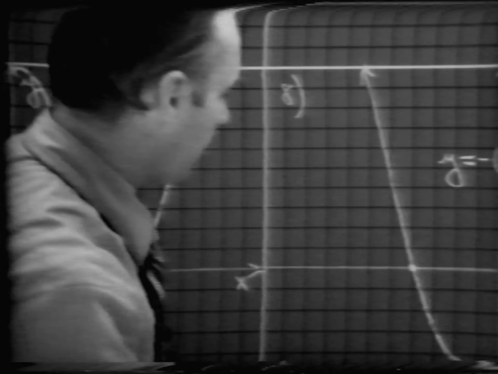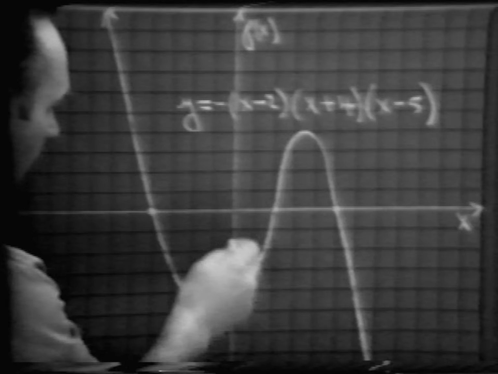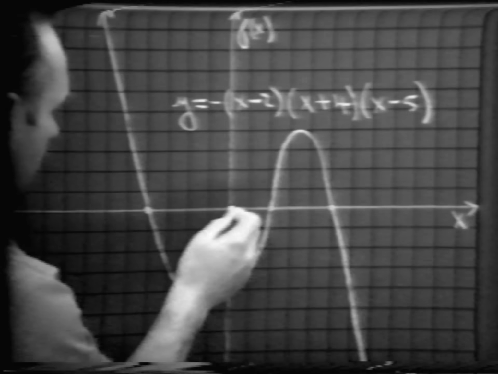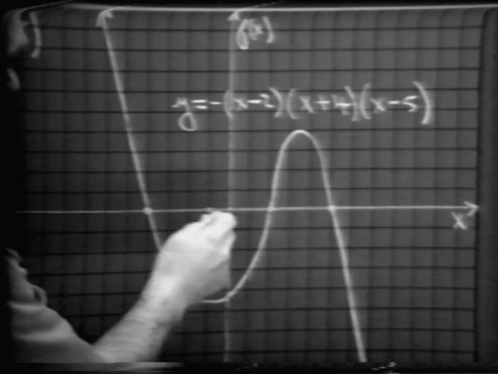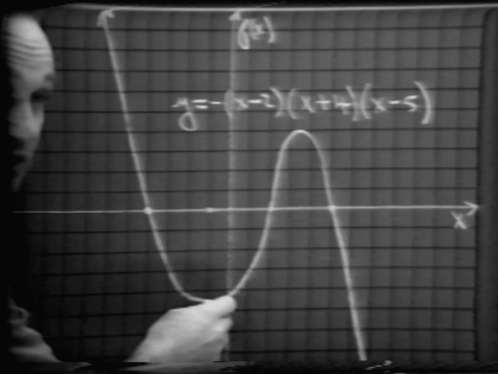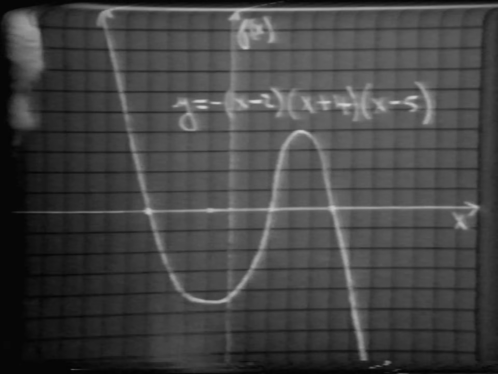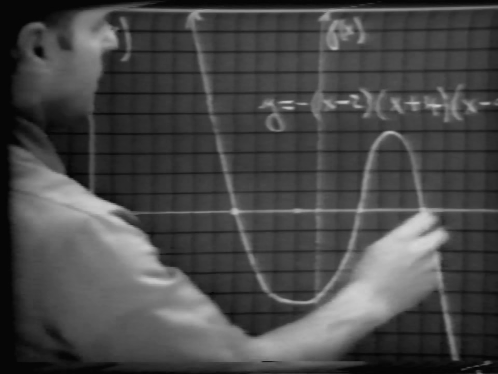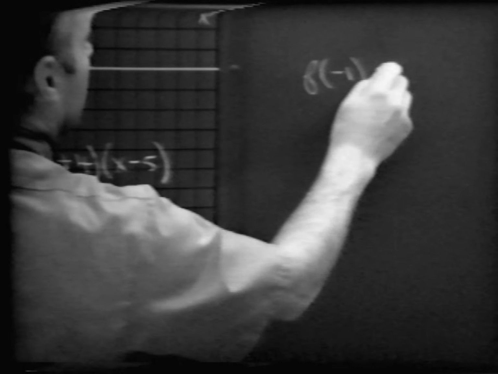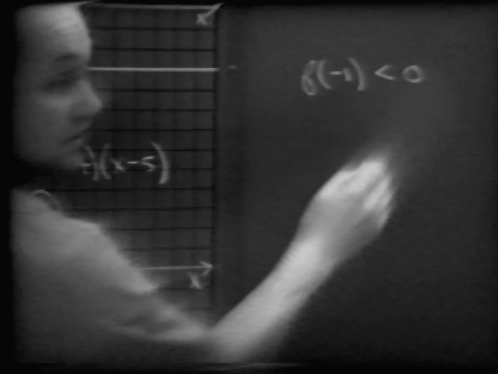Well, let me do one last little idea here, and I think that that's all that we need to do for today. Notice in this graph, for example, right here, let's say at negative 1. When x is negative 1, y is what? It certainly is negative, isn't it? All right, let me use our function notation. So f of negative 1, in this case, is less than 0, isn't it?